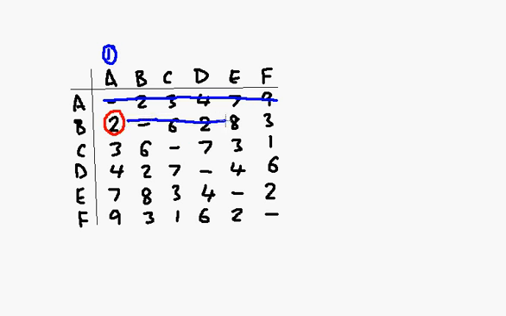I'm going to draw a blue line through it. Because I've now connected A to B by weight 2, I now put a 2 on top of my B. So we number our choices to show in which order we went in our algorithm, so the examiner can see what we did.